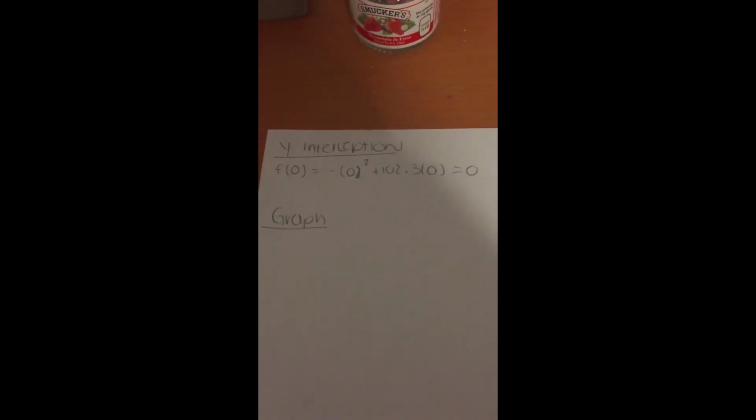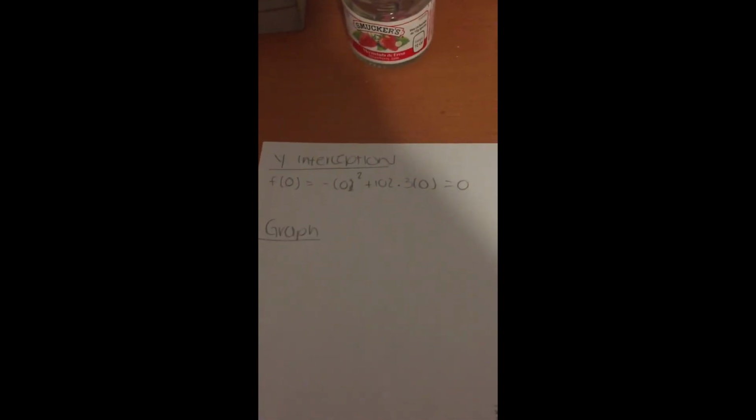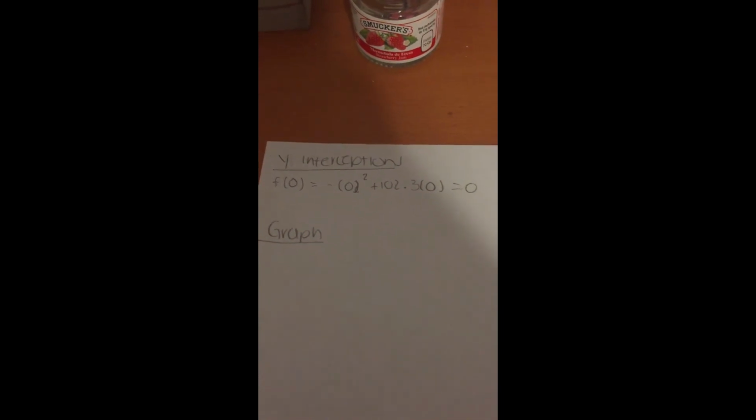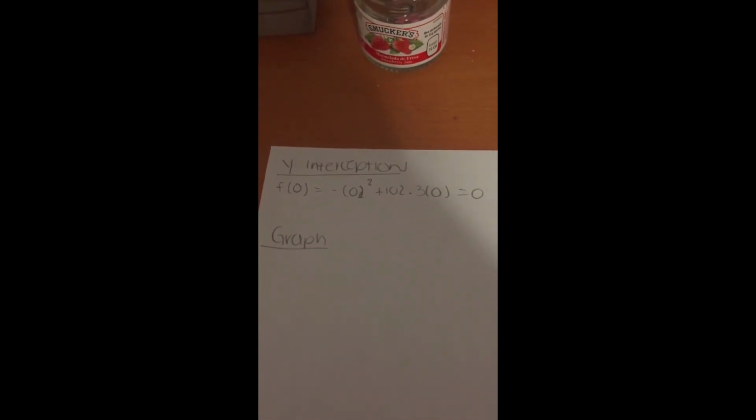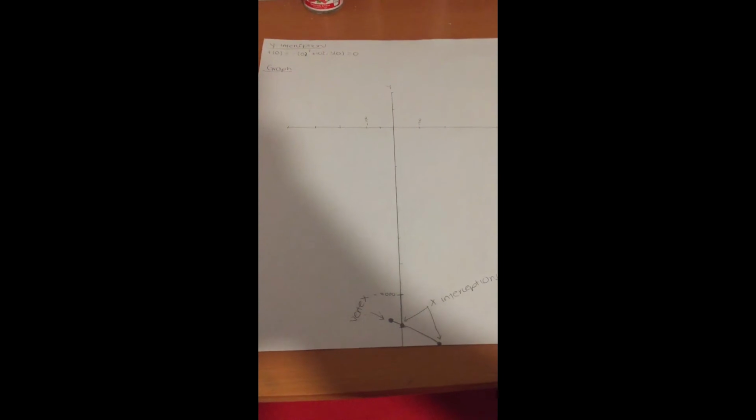That's where we're going to have an interception in our graph in the x-axis, in 0 and in 102.3. To get our y-interceptions, we just have to change the value of x to 0. So we're going to have an interception in y in 0.